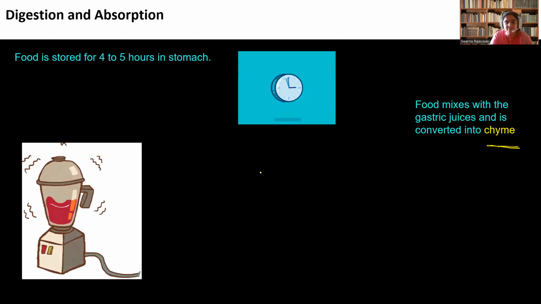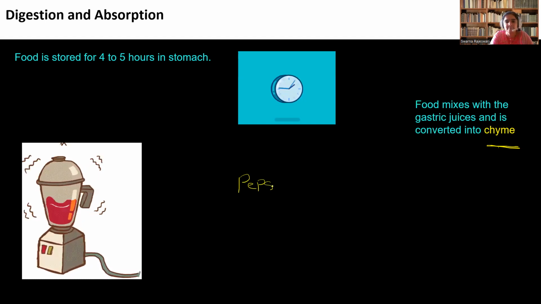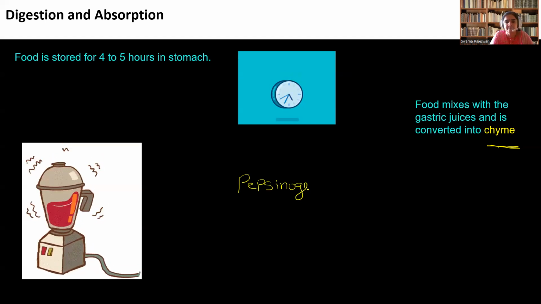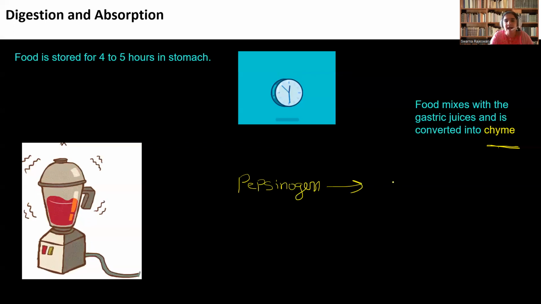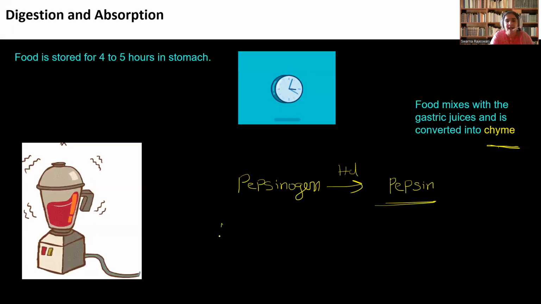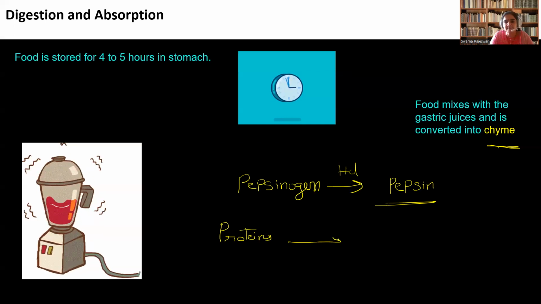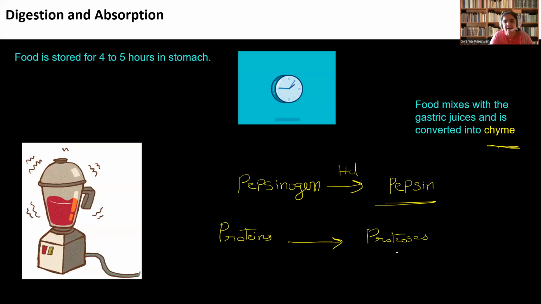In the previous slide, we have seen that pepsinogen is converted into active pepsin with the help of HCl. This pepsin will be acting on proteins and converting them into proteoses and peptones.